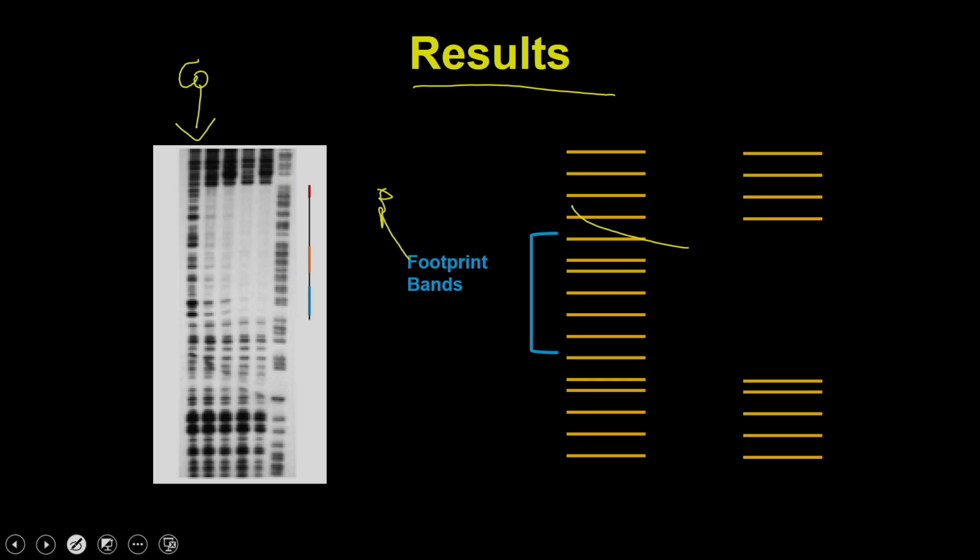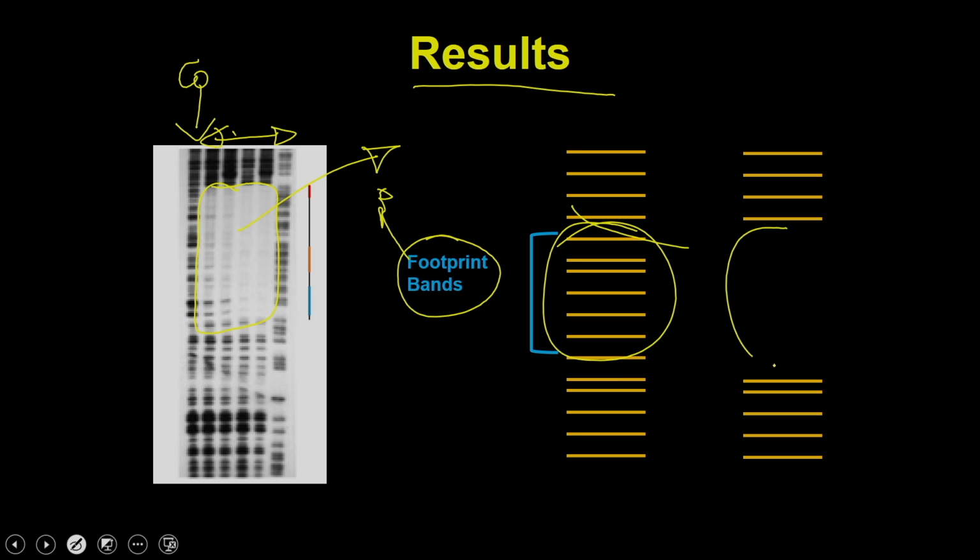What you see are the bands from top to bottom, all corresponding to different sizes of the nucleotides, whereas in these 4 lanes where you have added the nuclear extract, a large chunk of the region does not have any fragments, and these are actually the footprint bands, because that is exactly what happened. These are the bands which disappeared from your treated sample, meaning the sample where you have added the nuclear extracts.